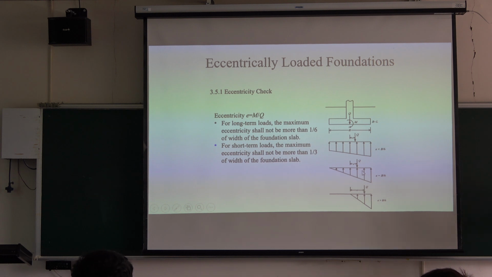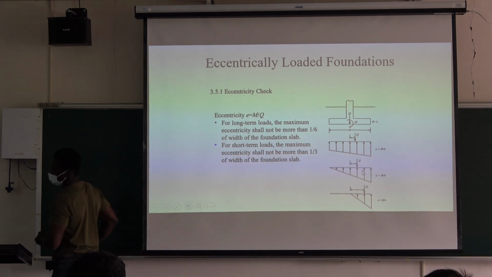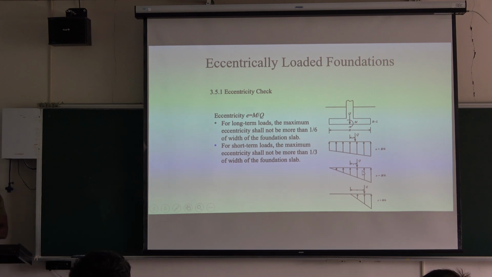And if we are doing the short-term condition, that is the total stress, eccentricity should be less than or equal to b over 3. You can also use this to check whether the foundation meets the requirements. If it is more than this, you may want to adjust.